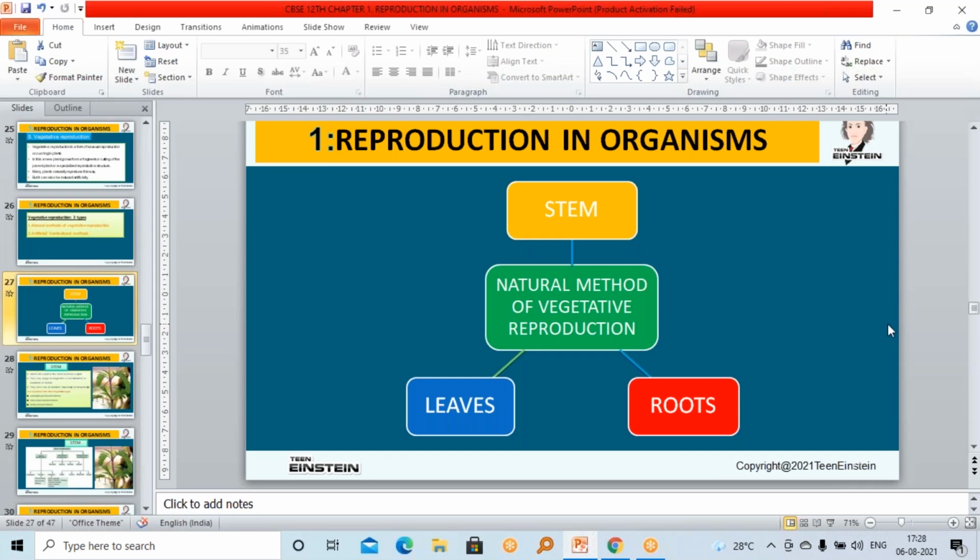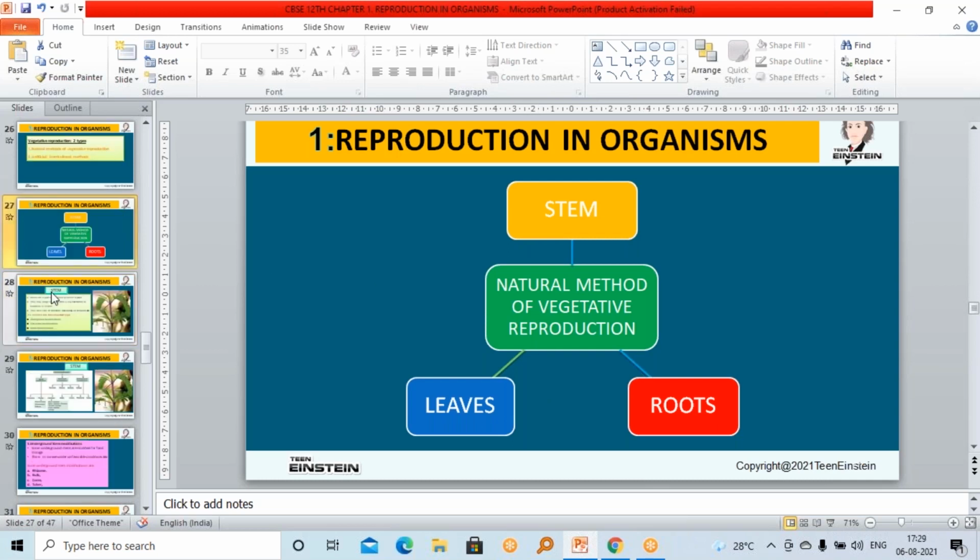Next is the natural method of vegetative reproduction. We are going to learn about the first way of vegetative reproduction, that is the natural method. In that, this natural vegetative reproduction can be done from stem, then leaves and roots.